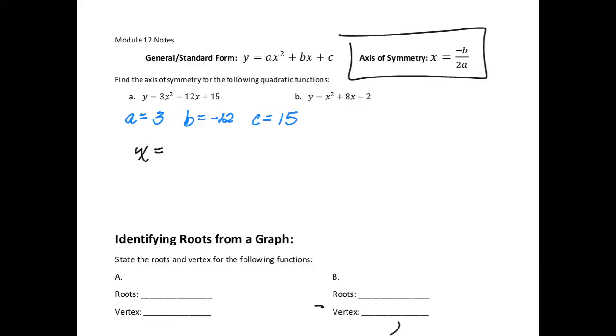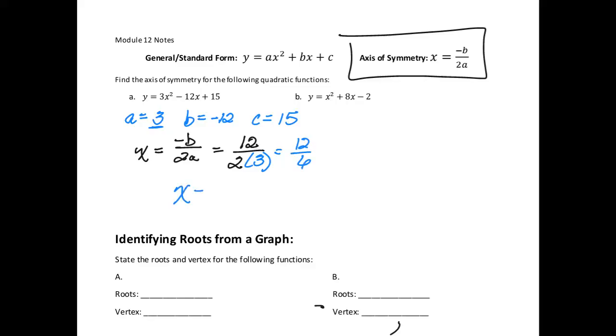Then we use this formula. X equals opposite of B, all divided by 2A. B is -12. So the opposite of that is going to be +12, divided by 2 times my A value of 3. So when I simplify, I get 12 divided by 6.